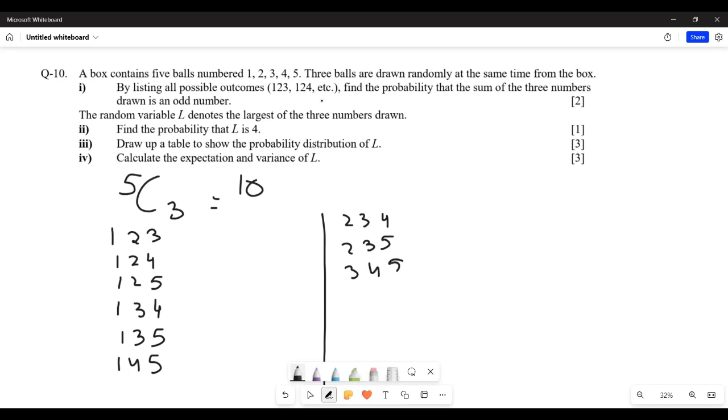Okay, let me just see which one have I missed.